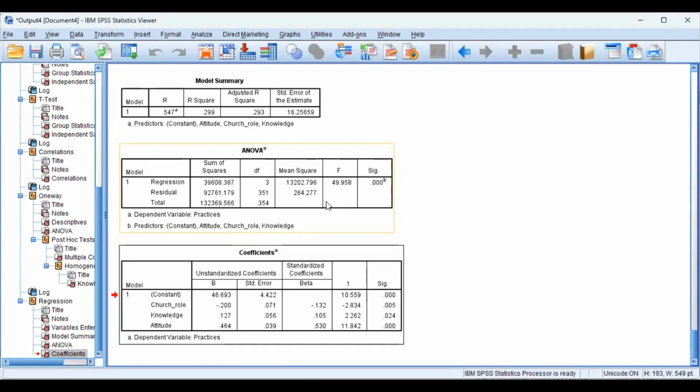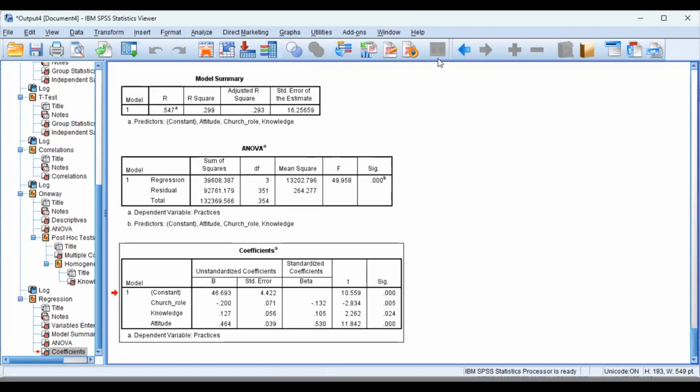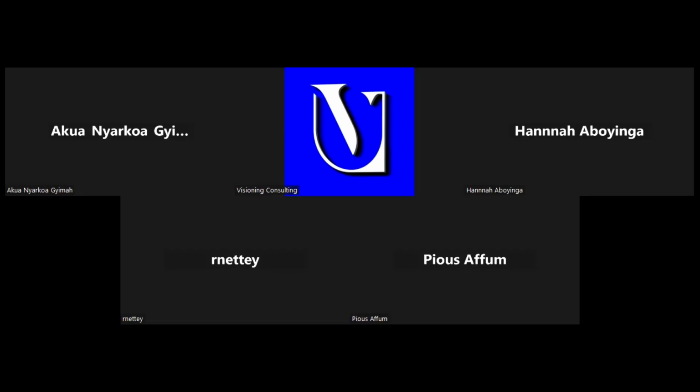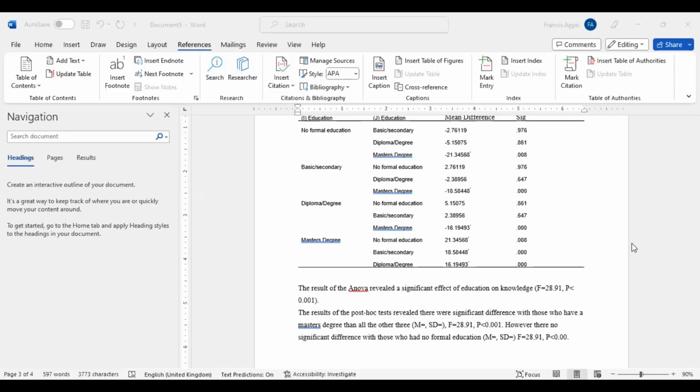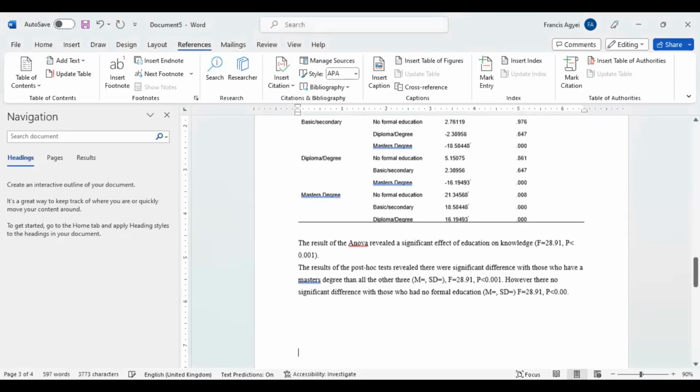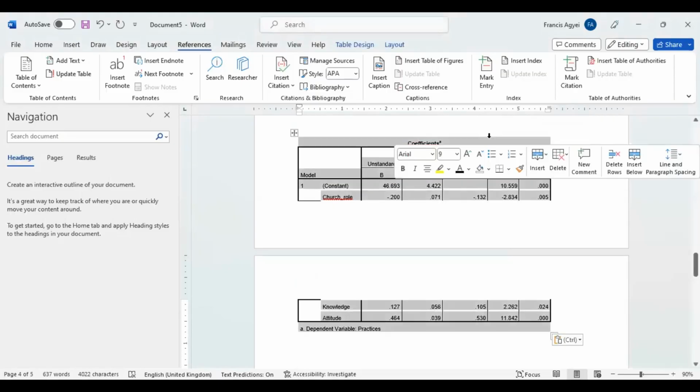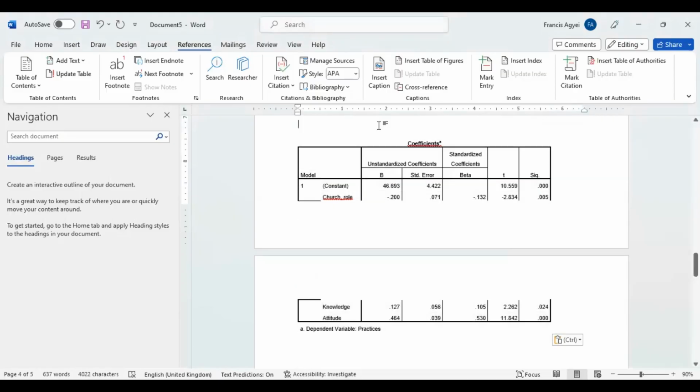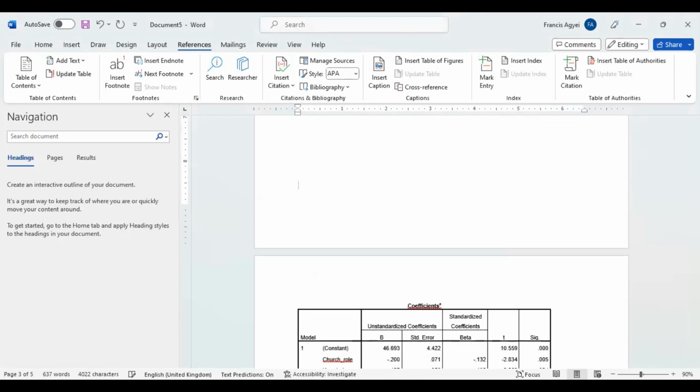I will show you how we write that when we are doing the table. So I'll copy the coefficient table, come back to Word, and paste the table here, and then convert the table to APA.